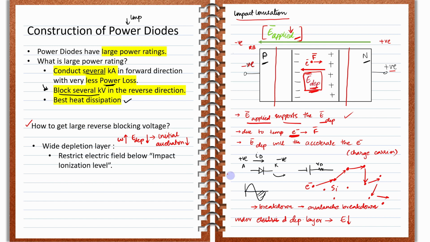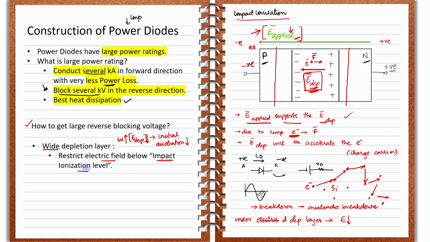I hope I am clear. See, the original electric field which was used for the acceleration itself has reduced, right? So naturally, as compared to the previous case, you should have more applied electric field, or more reverse bias voltage should be applied to get the avalanche breakdown. So that is the idea. When you have a wide depletion region, you restrict the electric field below the impact ionization level.